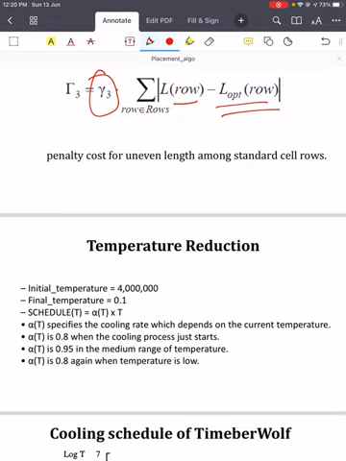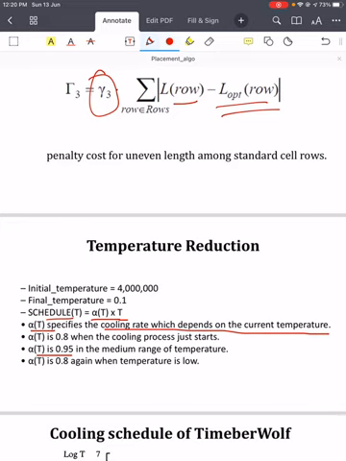the schedule t is alpha t into t, and this alpha t specifies the cooling rate, which depends on the current temperature. Initially the temperature is reduced very quickly, and alpha is usually taken as 0.8. After a certain number of iterations the temperature reduces at a slower rate, so alpha t is 0.95 in the medium range of the temperature.